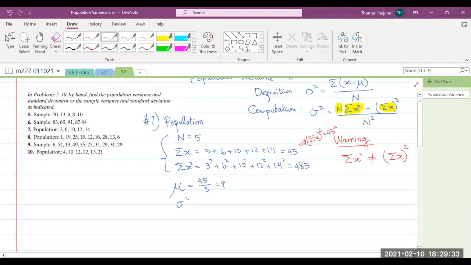And the sigma squared, the population variance, will be, on the top left is 5, the first number, times the third number, 485, minus the middle number squared, over the first number squared.